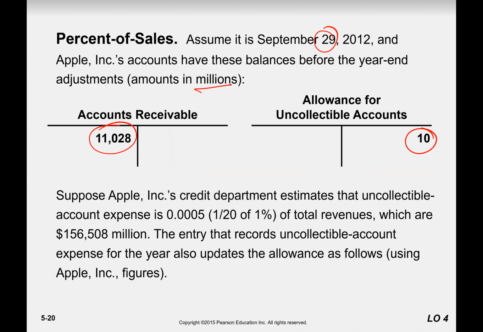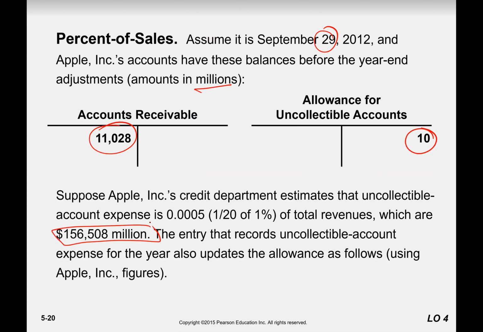Okay, so suppose Apple's credit department estimates that the uncollectible expense is 0.005 of the total revenue, and the revenue is 156,508, right?